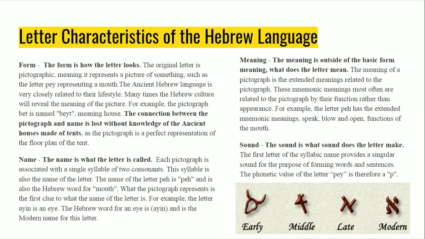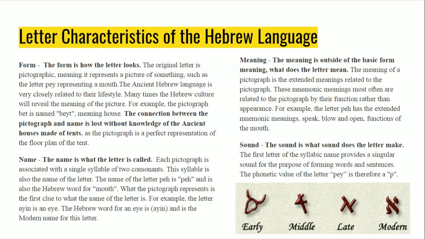Okay, so form. The form is how the letter looks. The original letter is pictographic, meaning it represents a picture of something, such as the letter Pe representing a mouth. We'll get to that in a future class. Many times the Hebrew culture will reveal the meaning of the picture.